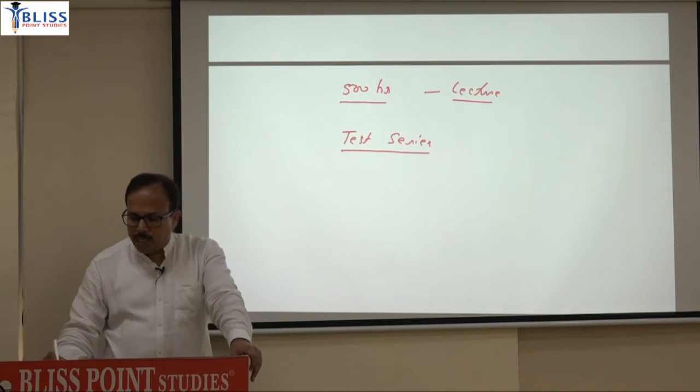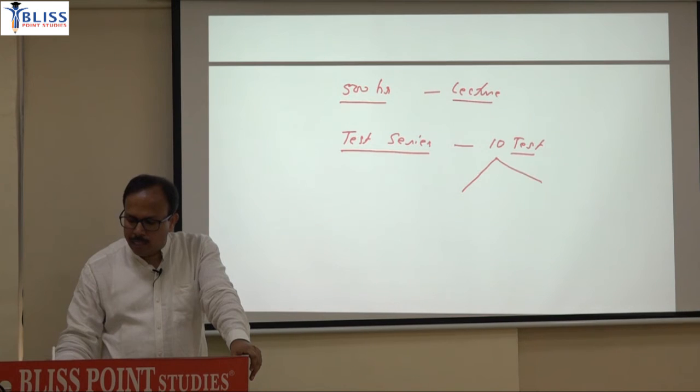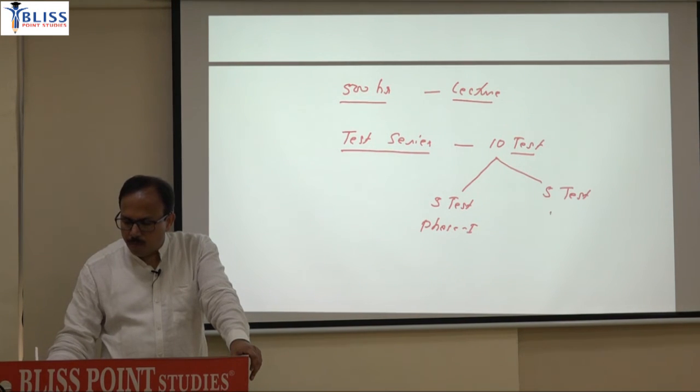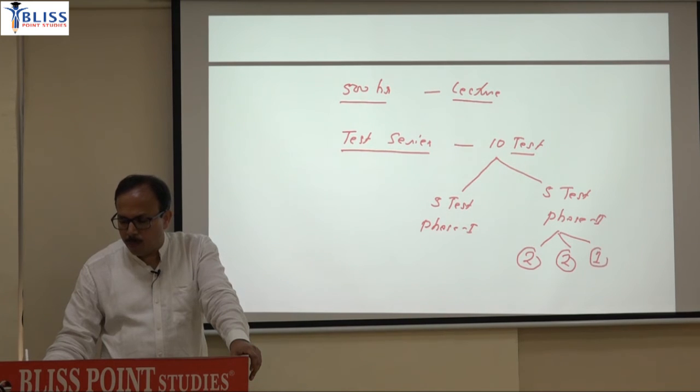In the test series, so far we have planned 10 tests, but if required we will increase them. The breakup is 5 tests for phase 1, because that is critical, and 5 tests for phase 2. Phase 2 has 3 papers, so Economic and Social Issues 2 tests, Finance and Management 2 tests, and English 1 test.